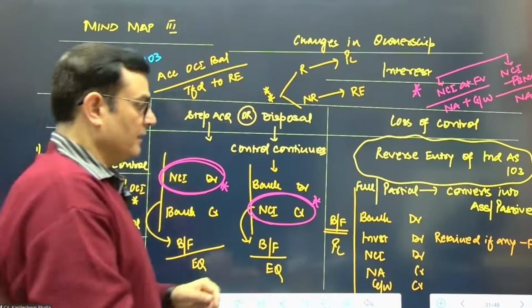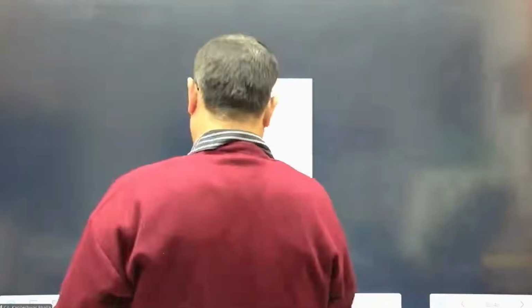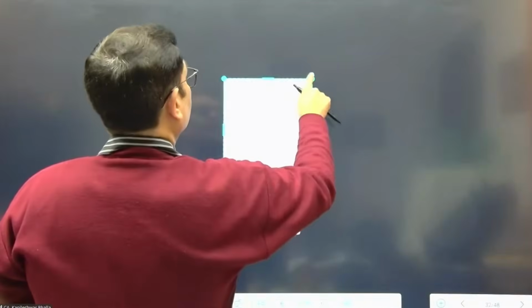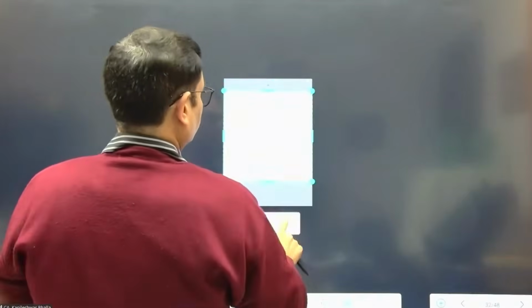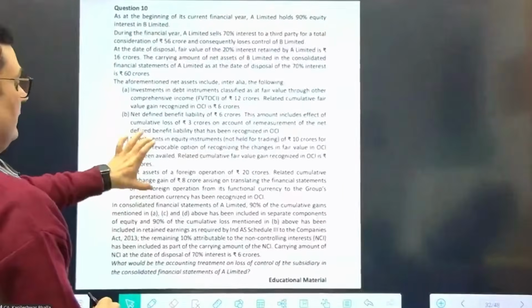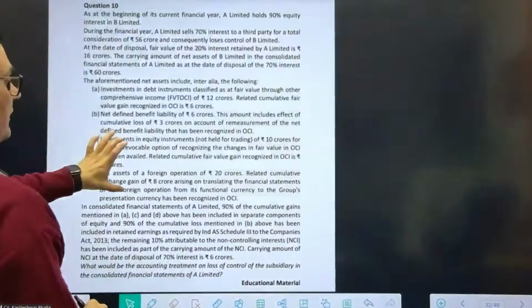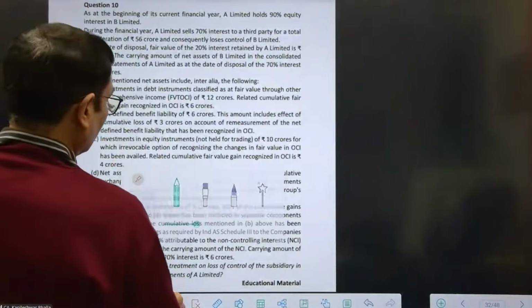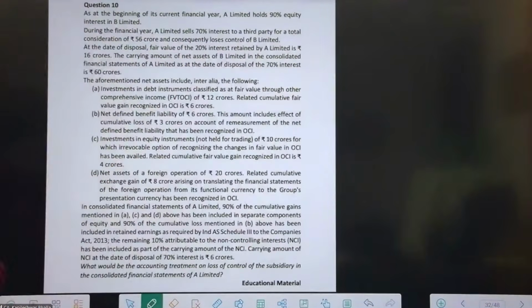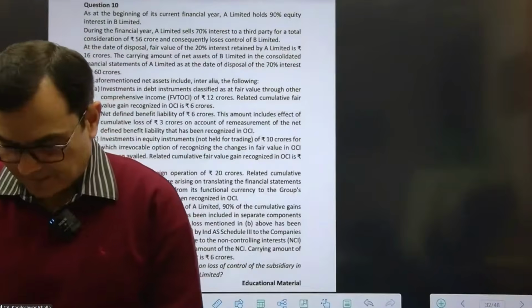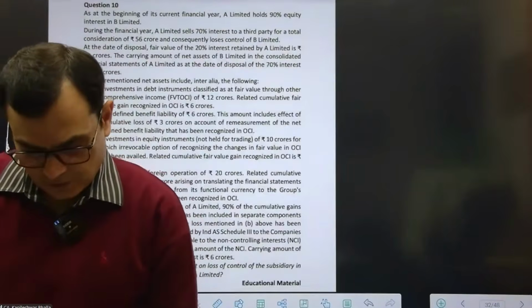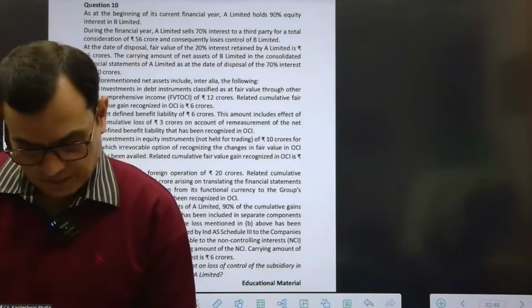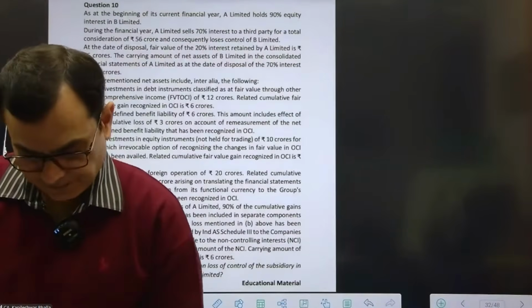Okay. So let's do a question on this area. I've taken an interesting question. Yes, question number 10 on this area. I think this is one of the comprehensive questions on this area. This is there in the study material as well, and it's there in the education material as well. We'll probably solve it on the right hand side. Looks big, but it's not that bad indeed. So let me just open the question also. We can just keep solving this.